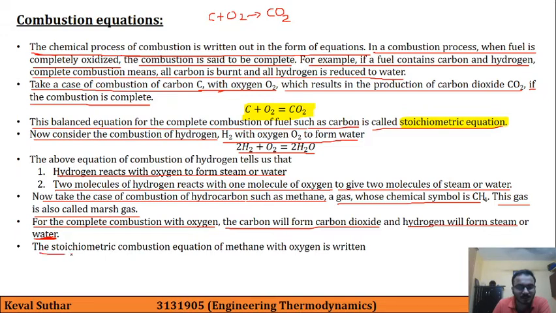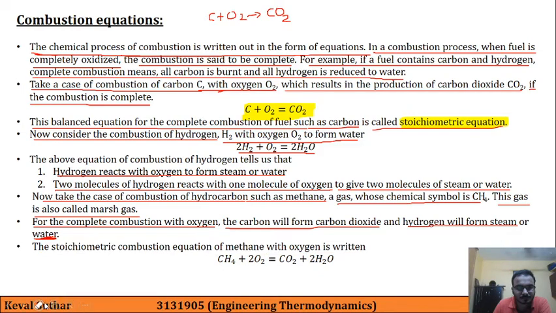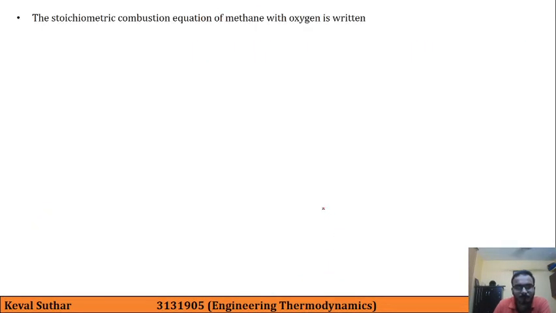So the stoichiometric combustion equation of methane with oxygen is written in this way: CH4 combines with 2 molecules of oxygen, which gives us CO2 plus 2H2O.